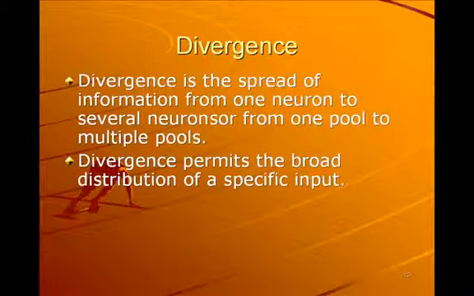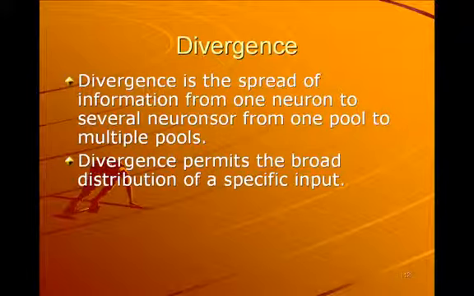Divergence is the spread of information from one neuron to several neurons, and to one pool or multiple pools. Divergence permits broad distribution of specific input. So again, you have the spread of information from one neuron to several neurons or to a pool of multiple neurons.